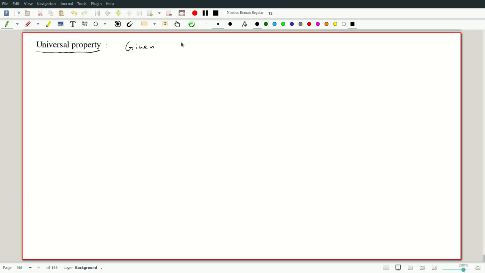So given spaces X alpha, alpha in A, the product, well, so far the product is just a topological space, the product over alpha in A of X alpha. We know nothing about this so far.